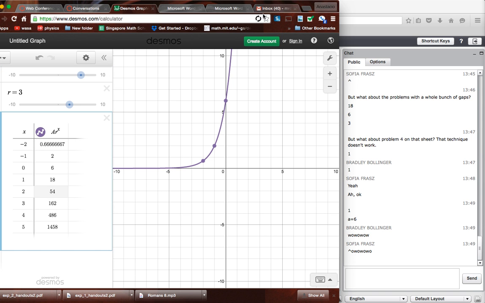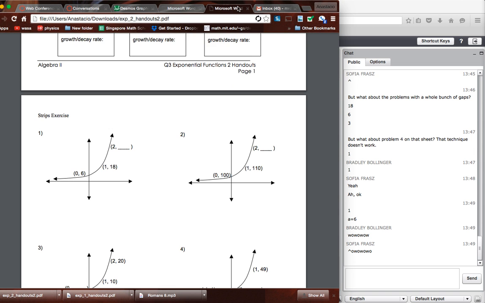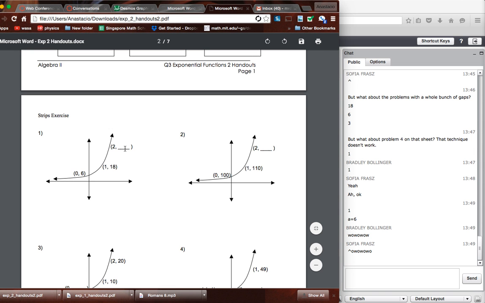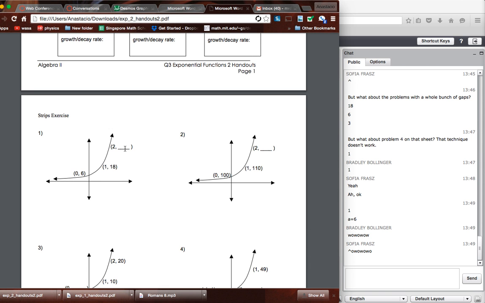So, my question in your homework is, what is this number over here? 54. So there are 2 pieces of the puzzle you need to find. You need to find the growth rate or the decay rate. Basically, if it's a growth rate, I'm talking about a positive r.